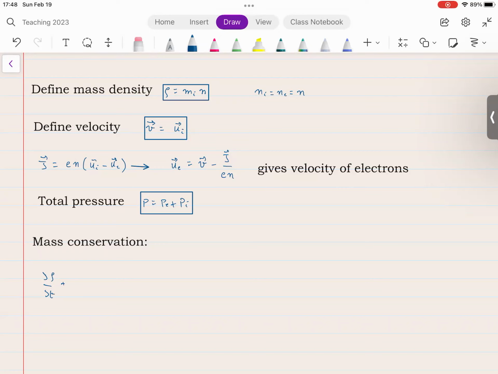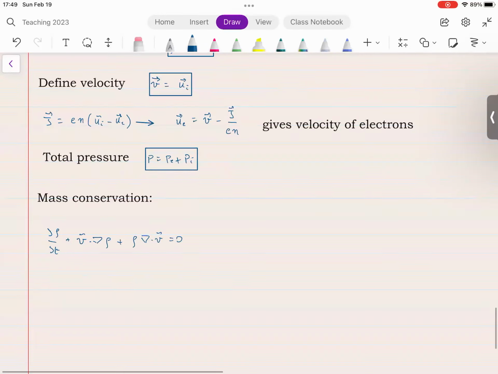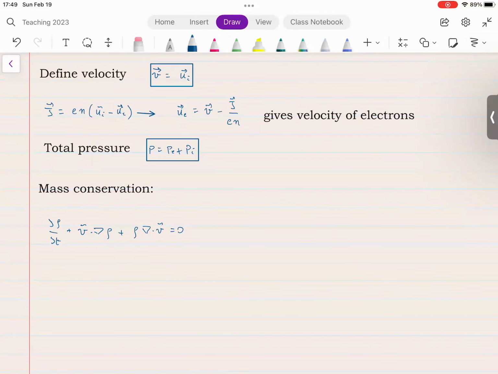Plus here I had U sub I dot grad that turns into V dot grad, bring the mass in rho, plus rho times divergence of V, and all of this is equal to 0. And often we use this shorthand: d dt plus V dot grad is equal to the total derivative with respect to time.